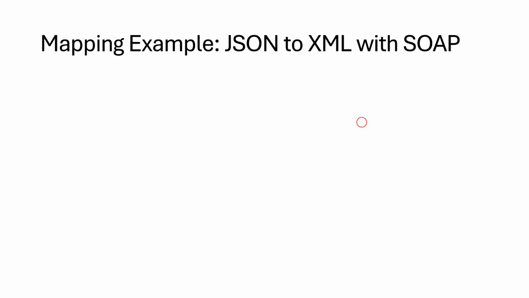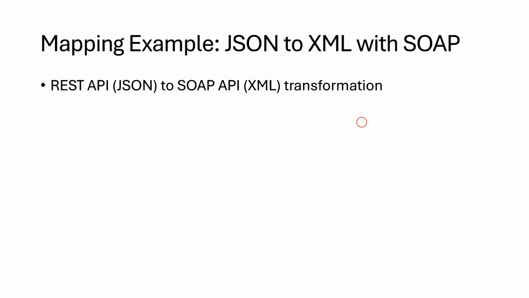Okay, so let's look at two examples of mapping templates. The first one is JSON to XML with SOAP. Suppose you have a REST API that needs to interact with a SOAP API. Our client sends JSON, but our SOAP service needs XML.